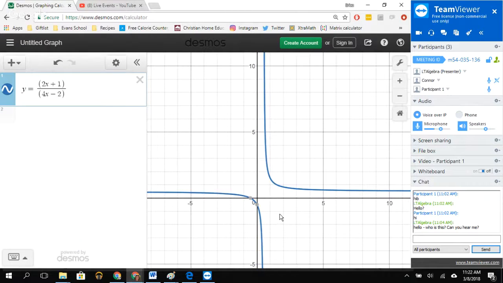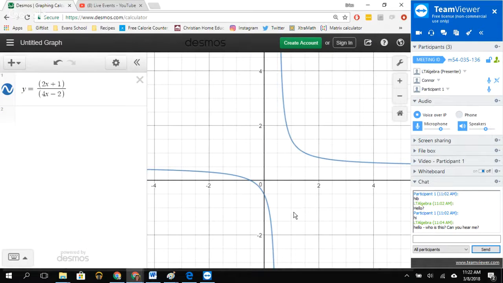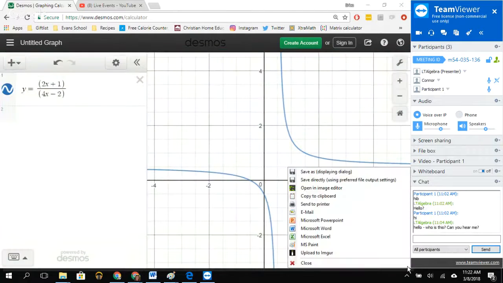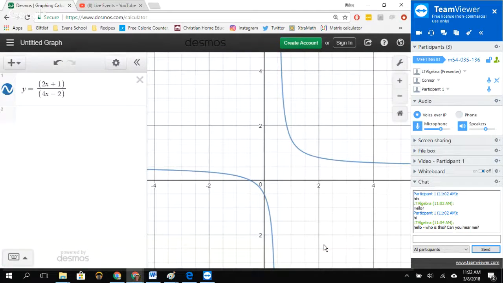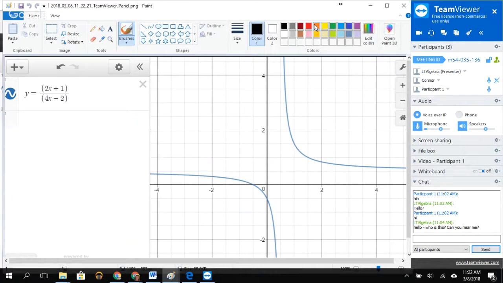Okay. So maybe I'll scroll in a little bit so I can see my grids a little better. All right, so I've graphed my rational function. If I go to find my domain, which is my x's, it looks like I have an asymptote at x equals 1.